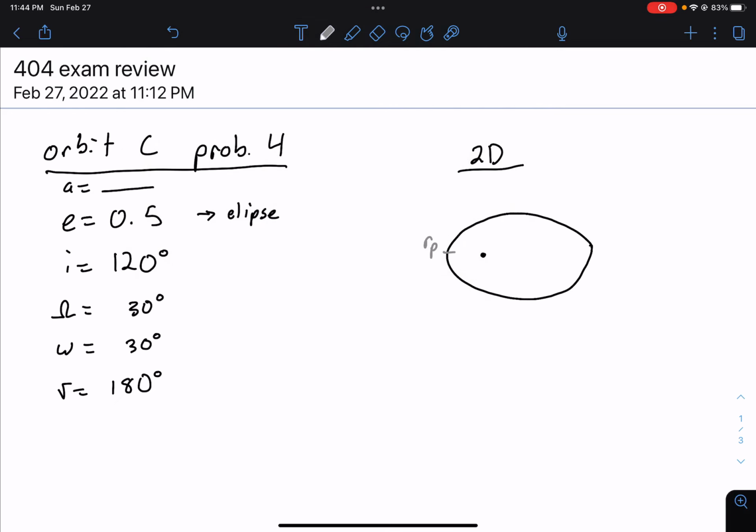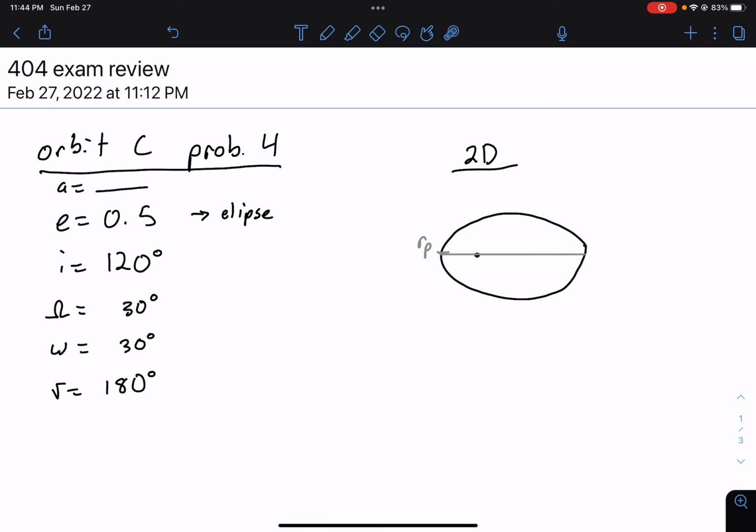This is actually periapsis, right? We want to make sure that that's true. The other thing you can do is draw a straight line right through. So that was easy, right? We've already got an ellipse, we've got our periapsis labeled, and we have our center labeled.